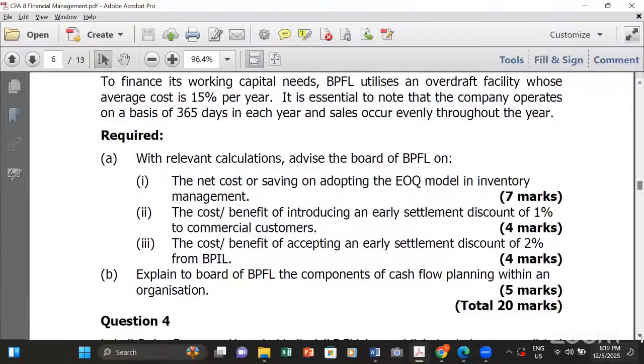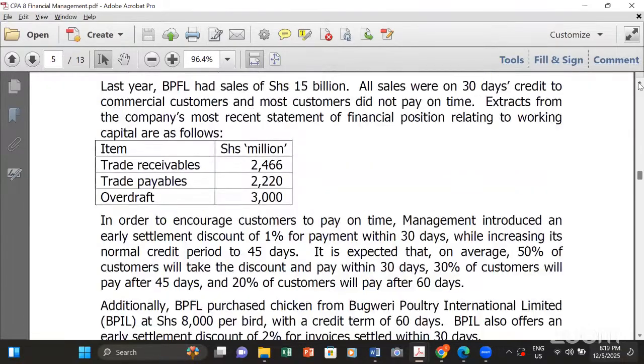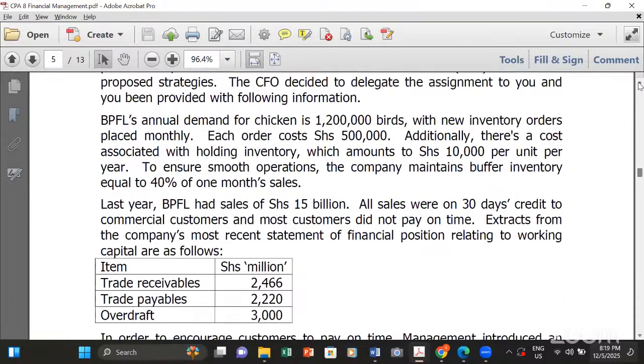And finally, explain to the board the components of cash flow planning within an organization. All right, we go and read and we see what this question has to offer for us. We are doing question 3 of August 2025.